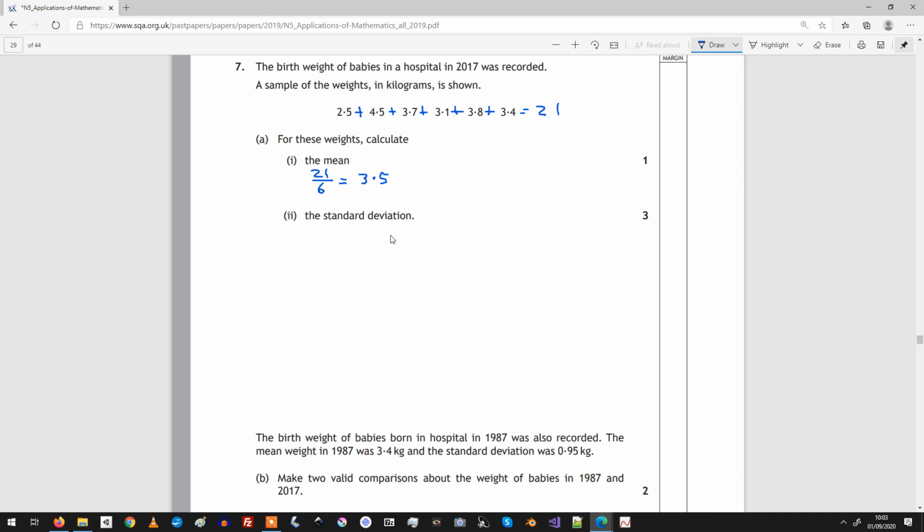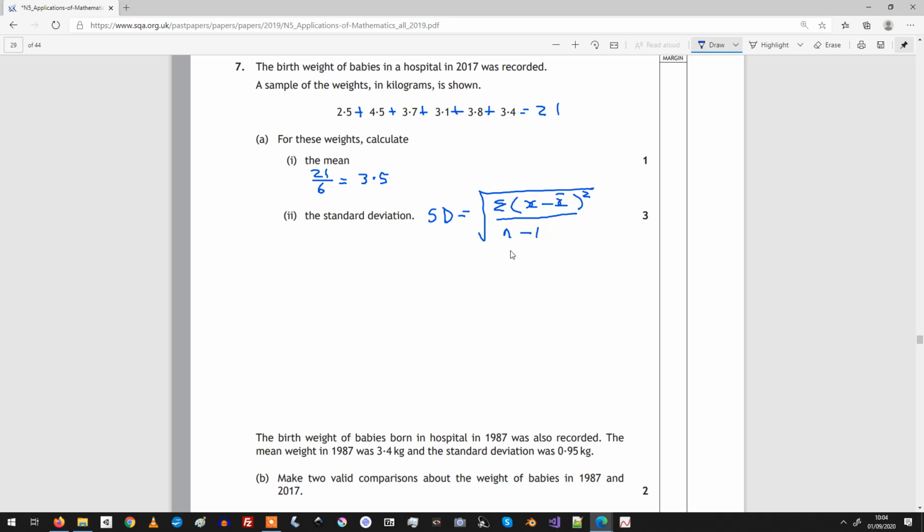Now, when you are trying to do the standard deviation, you're going to look at the formulas that you're given, and the formula that you're given is that the standard deviation is a square root symbol with a fraction in it, and on the bottom of the fraction there is the number of things that there are, take away 1, and on the top of the fraction there is the sum of the squares of the deviations from the mean.